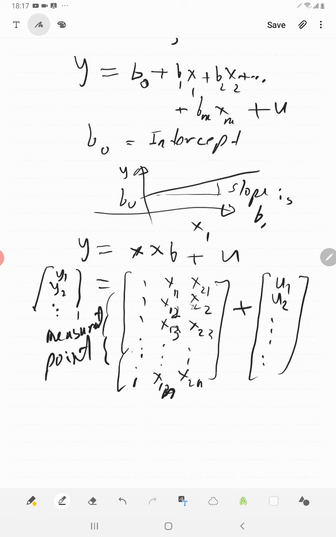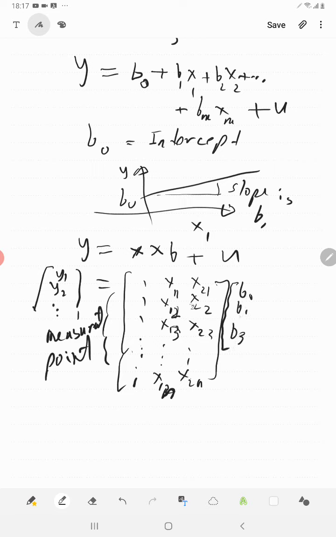So this will give you this, times, of course, let me just correct that, the B coefficients. This times the B is B naught, B1, B2, assuming we have two variables here, plus U1, U2, okay?